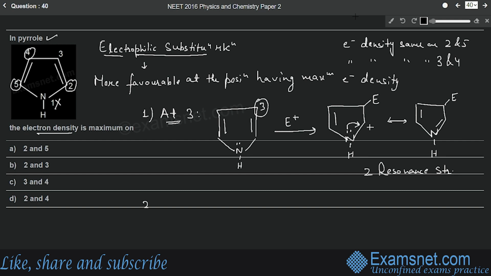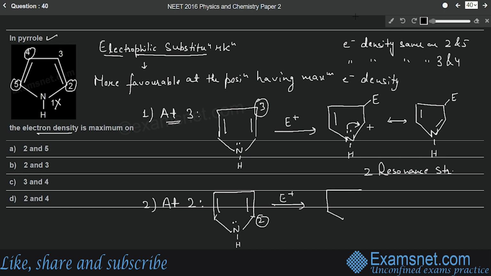Now let's consider that the electrophilic substitution reaction takes place at the position 2, okay. Now this is your pyrrole ring, double bonds, nitrogen with lone pair of electron, and this is hydrogen. This time at this position the electrophile has to get added, okay. So electrophile has come.